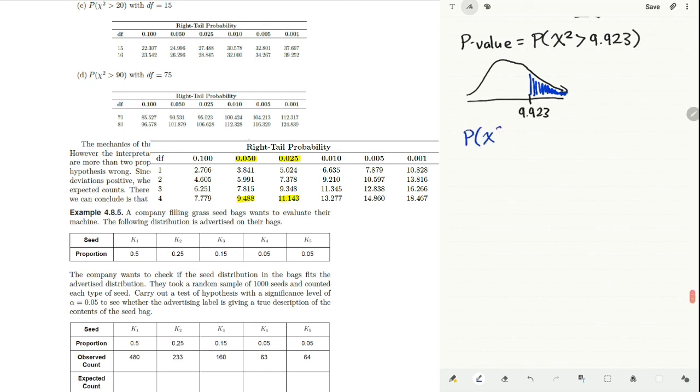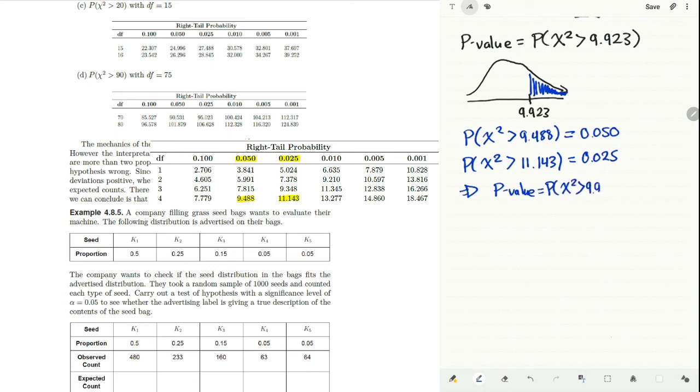The table tells us that the area to the right of 9.488 is equal to 0.050, and the area to the right of 11.143 is equal to 0.025. This tells us that the p-value, which is the area to the right of 9.923, will be between 0.025 and 0.050.